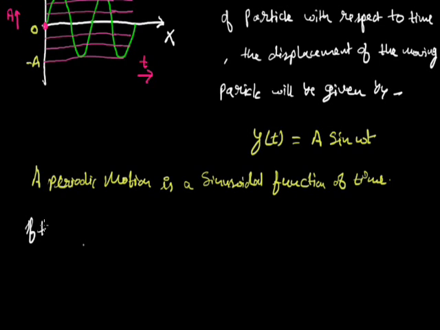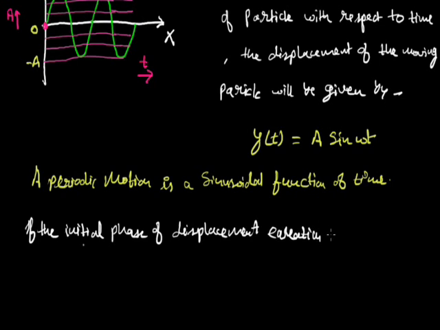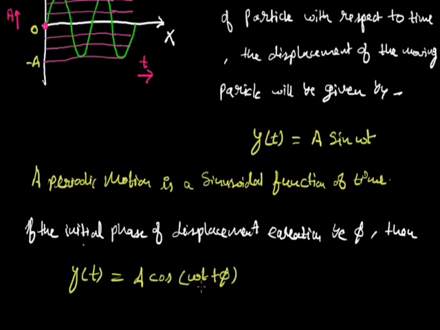If the initial phase of the displacement equation be phi, y(t) will be given by a cos(omega t plus phi), and here we can trace the curve.